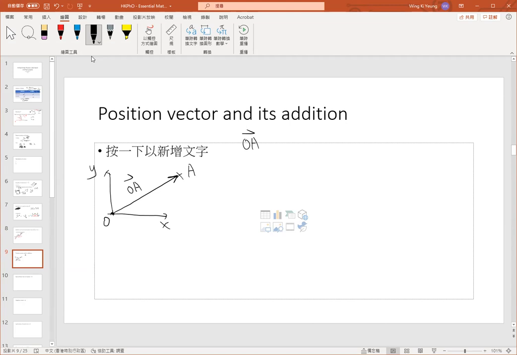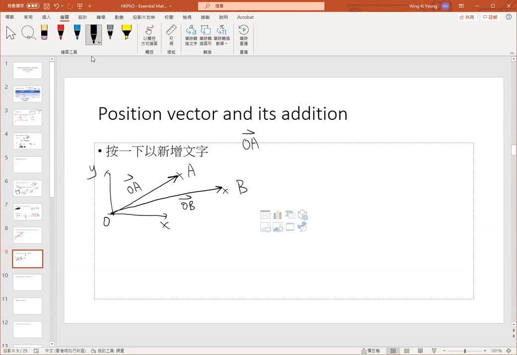Let's say right here, there's another point B. The position vector is just a vector pointing from the origin to that point, so this is vector OB. If you write down the vectors in terms of notation like OB, OA, then sometimes it's easier for you to do the addition.